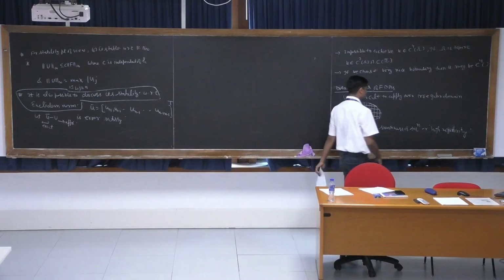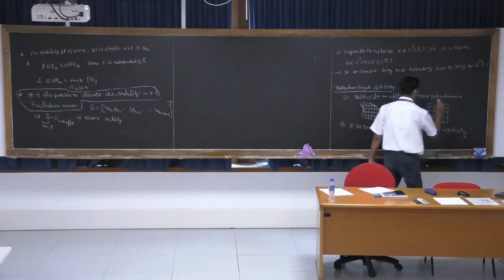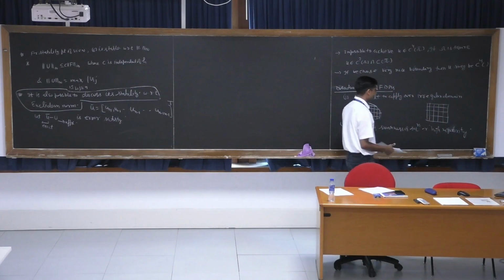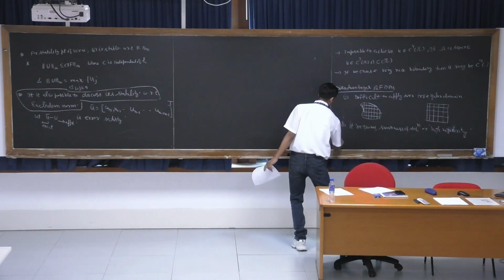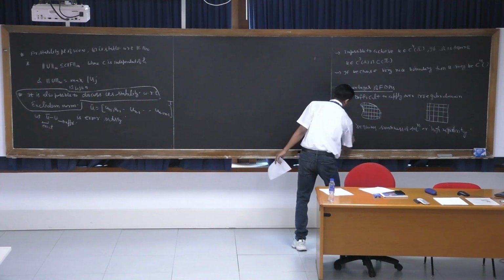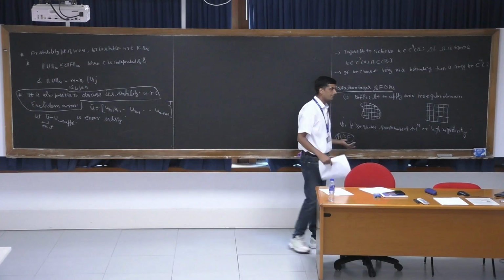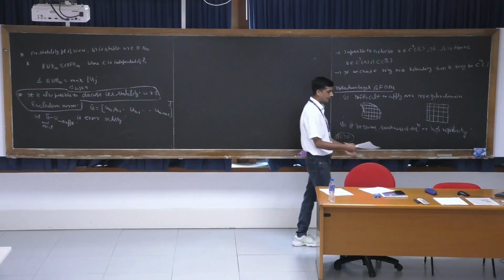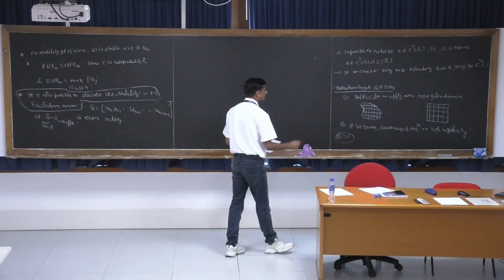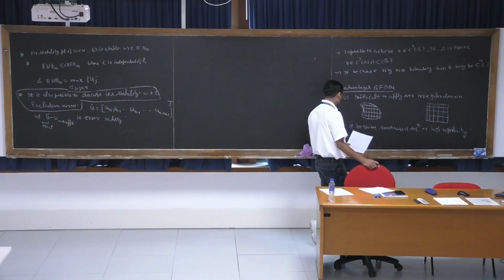When you refine the mesh of this domain, the system AU equal to F becomes very big. The dimension of A will be higher and higher. In that case, it is difficult to solve this system. It is also difficult to refine locally.